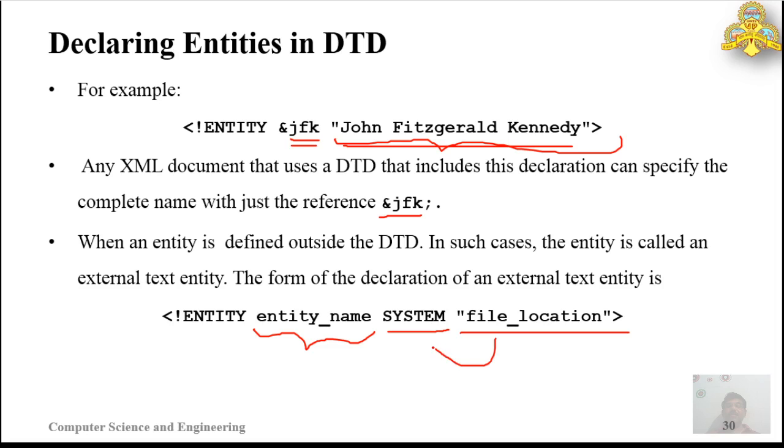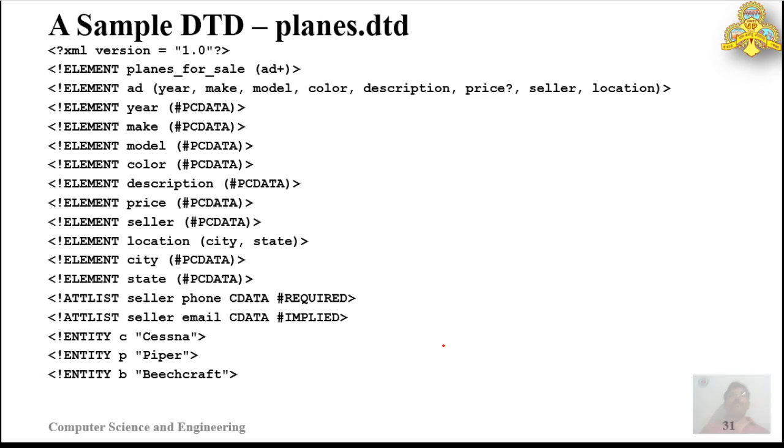Here is one example of a planes DTD that can be utilized in other XML files. Observe that the first line specifies the XML version, and here I am specifying planes_for_sale, which is the root element in the XML file.